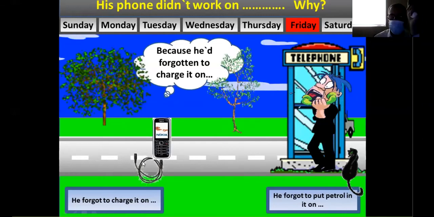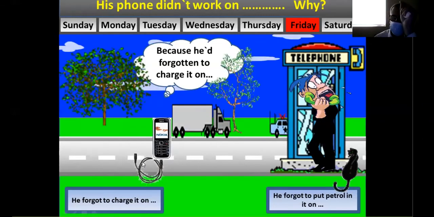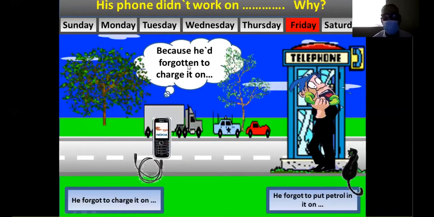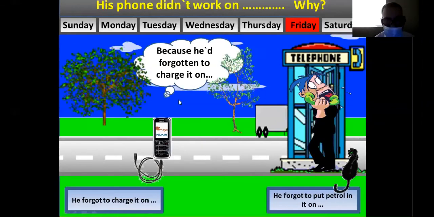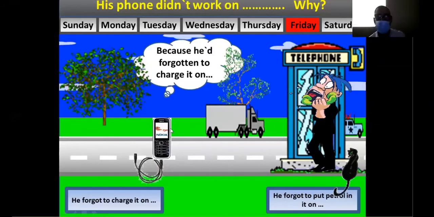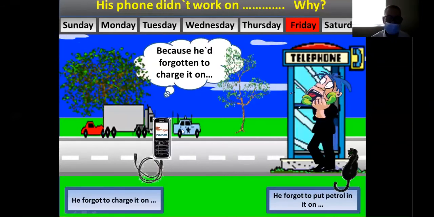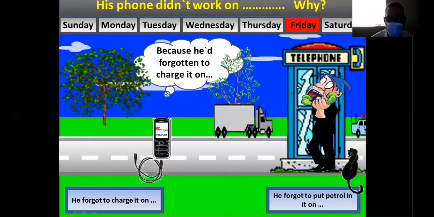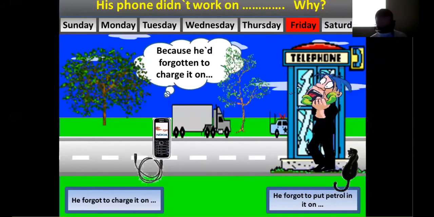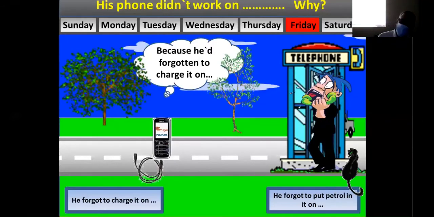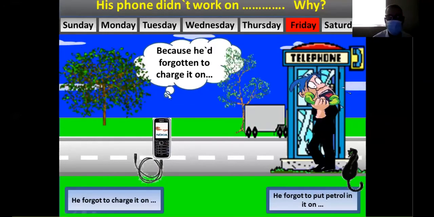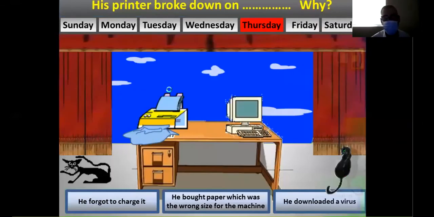So the phone didn't work because he had forgotten to charge it. But after he had charged it, it worked. Exactly. So we have two actions here in the past. The first is that he had forgotten to charge the phone. The second is that the phone didn't work. Again, look here.